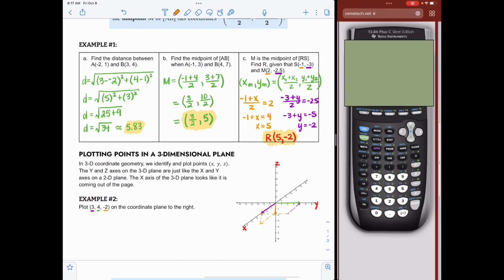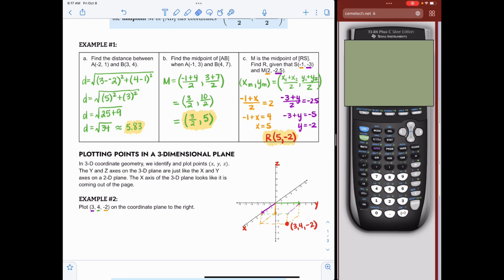Once I do that, I can draw a parallel line to the y-axis, and then another line parallel to the x-axis coming down, like I'm making a face in the front, and then I'm going to come down in the back and make another dotted line parallel to the z-axis again. So the location of my point is actually here. So this is the point (3, 4, -2).